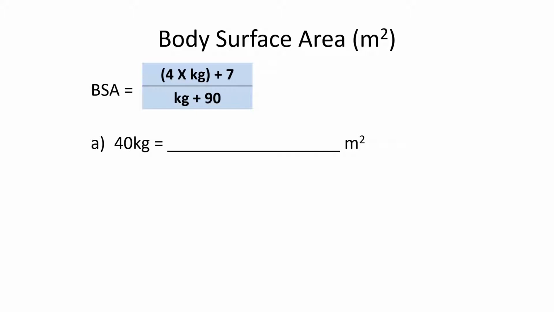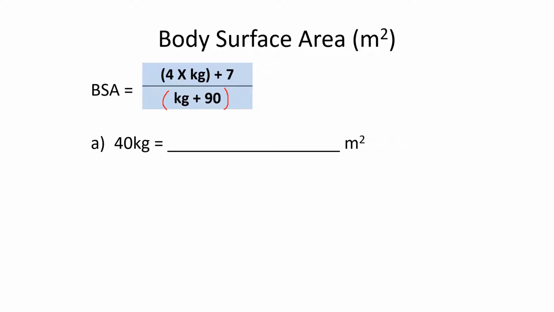Body surface area. So there's multiple equations for body surface area. We'll just use this one. It's based on body weight in kilos. So 4 times the kilograms plus 7 over the kilograms plus 90. So remember that there are parentheses here.